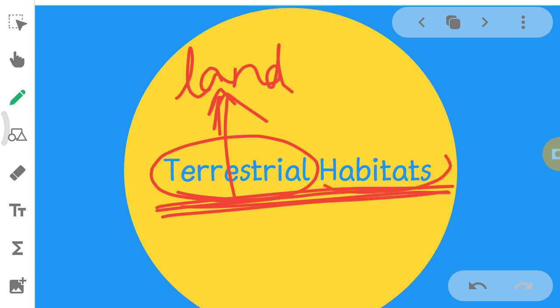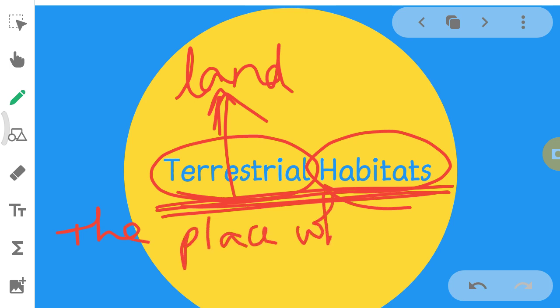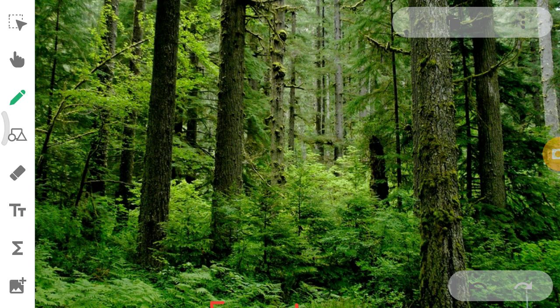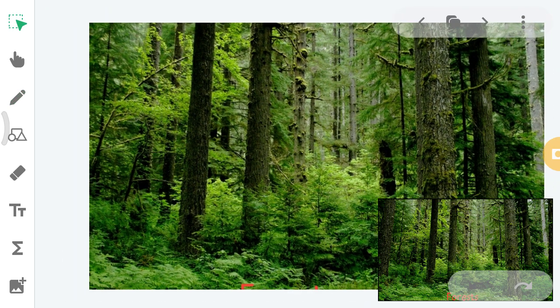Okay, so habitat is the place where the organism lives. The place where the organism lives is known as habitat. Let's learn more about these habitats.